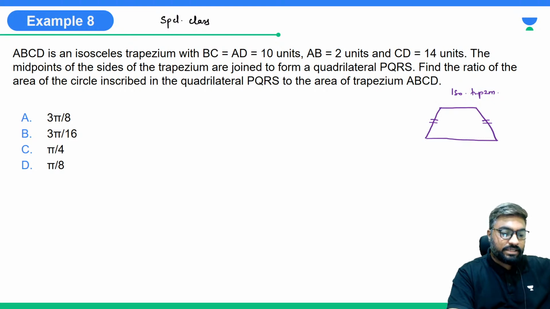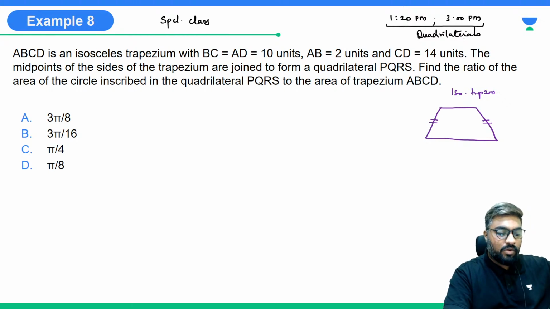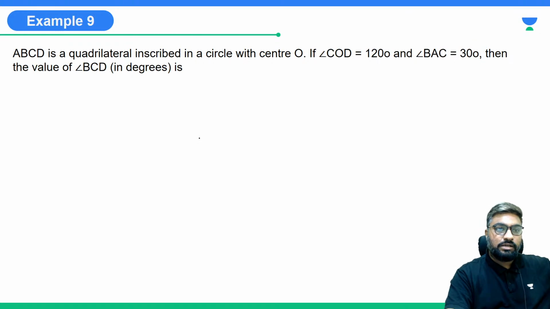We have two special classes, one at 1:20 and another at 3 o'clock. 1:20 PM पे एक है and 3 o'clock पे we have two special classes we'll be doing on quadrilaterals. Okay, so there we will pick this question up. ठीक है, okay ना, we'll do this then, क्योंकि इसका डायग्राम नहीं बनेगा and if it's not clear तो फिर काफ़ी confusion हो जाएगा. ठीक है, yeah, try this.